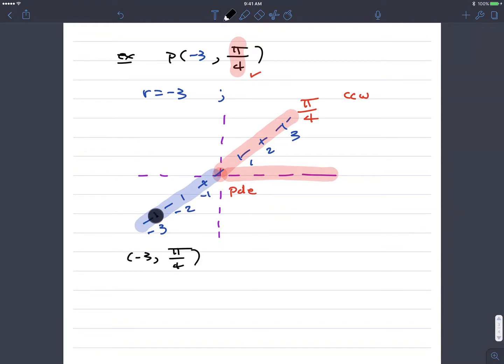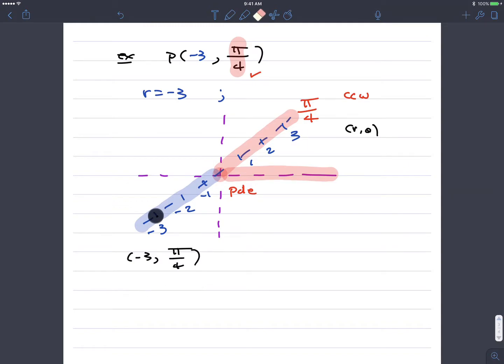Now, I could give you the definition of it, but a picture is worth 1,000 words. And we could define that. Here's r, theta over here, and it will be minus r, theta plus pi. Anyway, we'll do more with this.